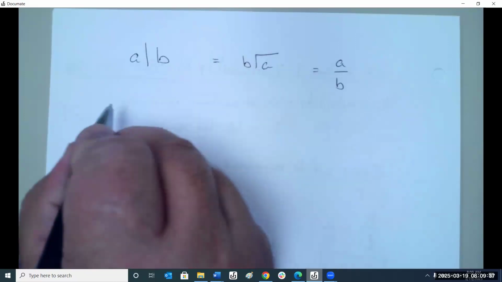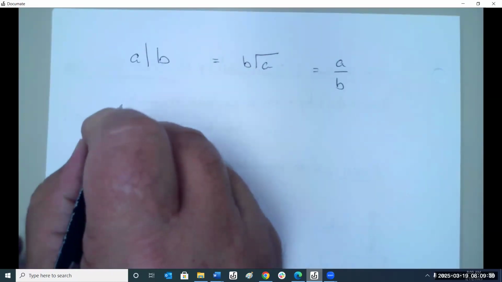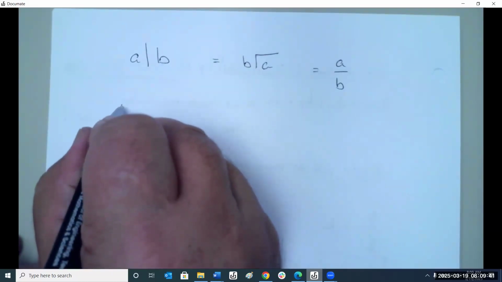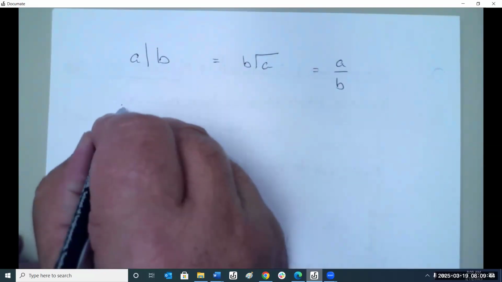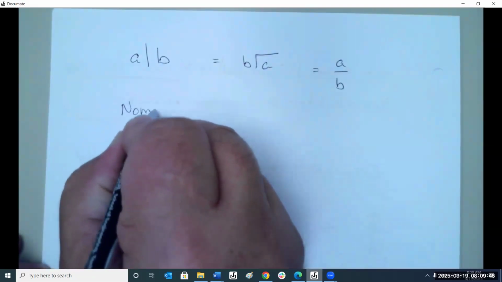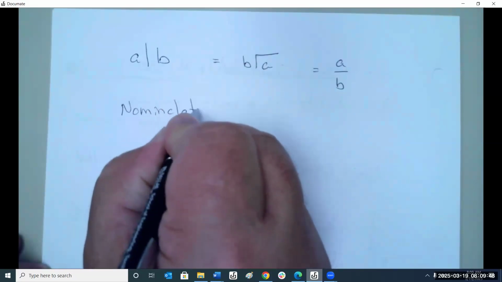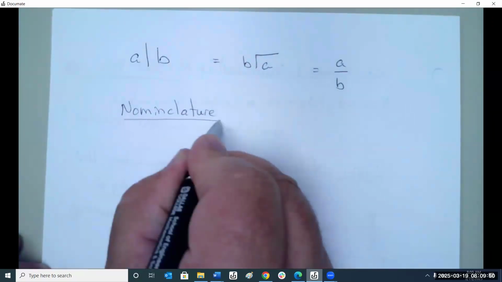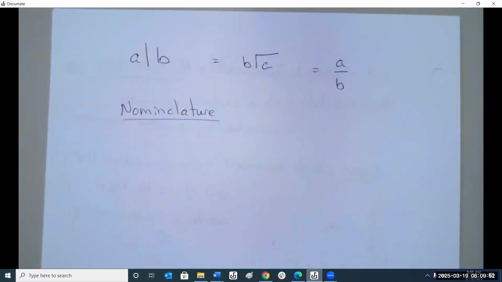For example, now what do you call it? Not nomenclature. Because we use different words to represent different things with this.